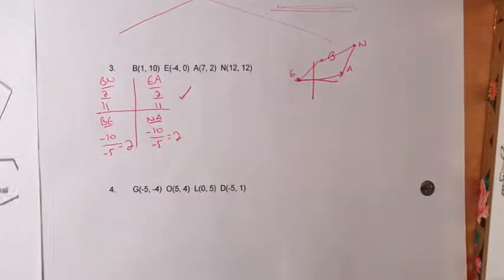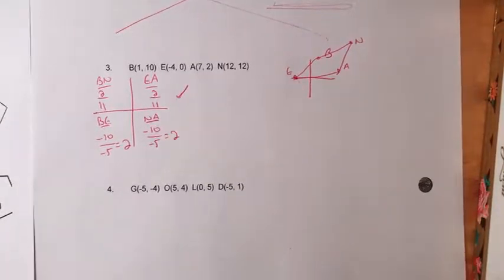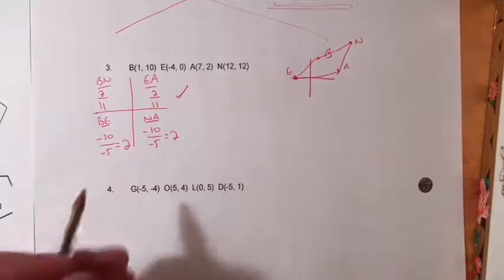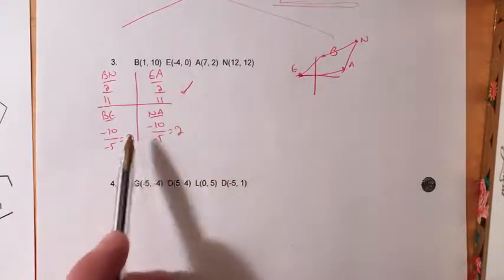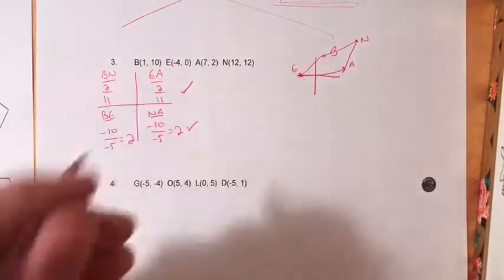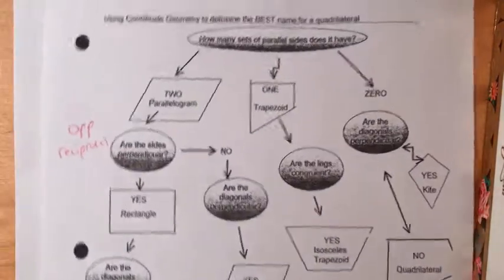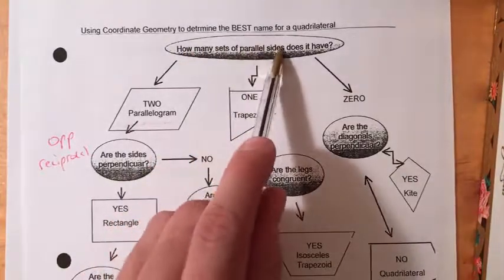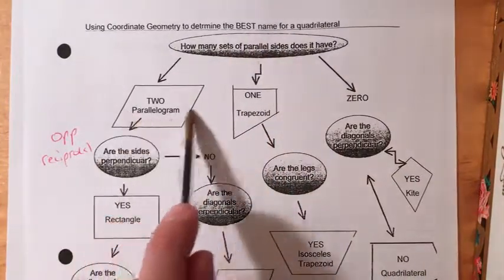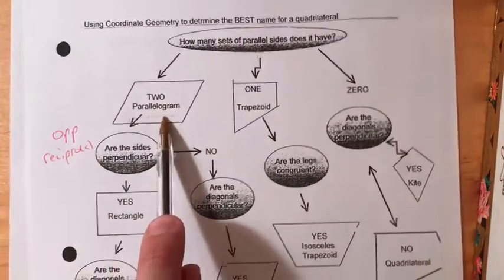I just don't want this video to take way too long. So I have one set parallel. I see 2 and 2, so I have 2 sets of parallel. When I look at my little track here, how many sets of parallel sides? 2. So again, it's at least a parallelogram at this point.